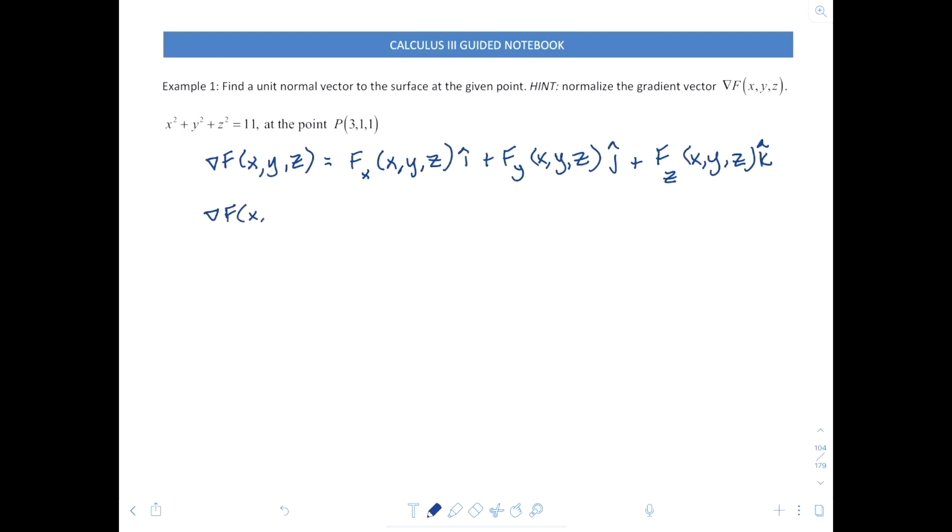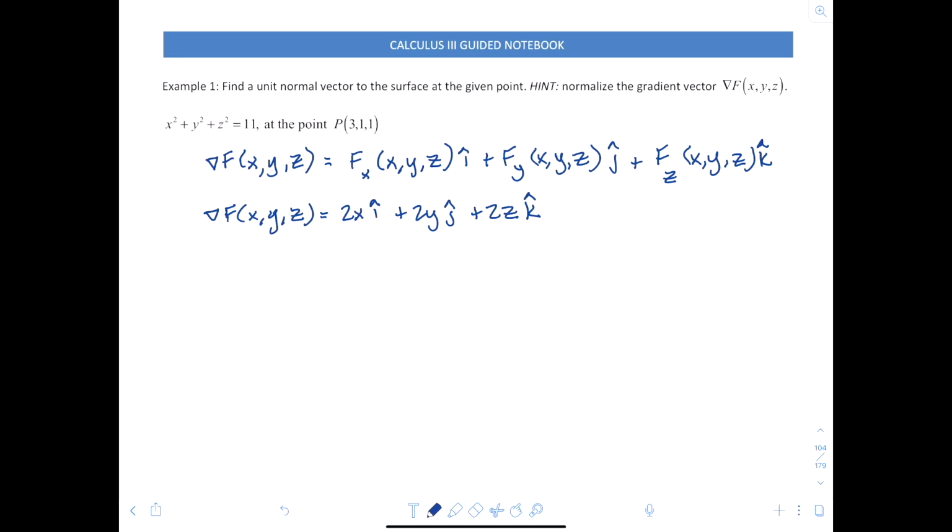Awesome. So the gradient of F in general will be equal to, treating everything as a constant except for x, what will we have? Beautiful. We will have 2x times i, and then we'll have 2y times j, and then plus 2z times k when we do the partial derivatives.